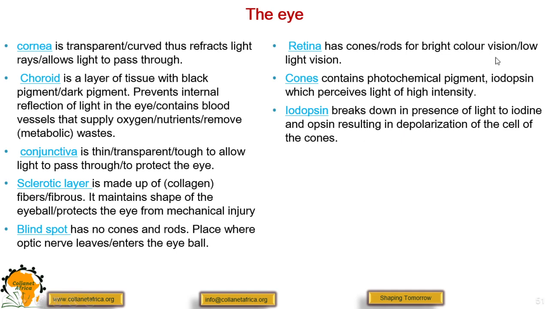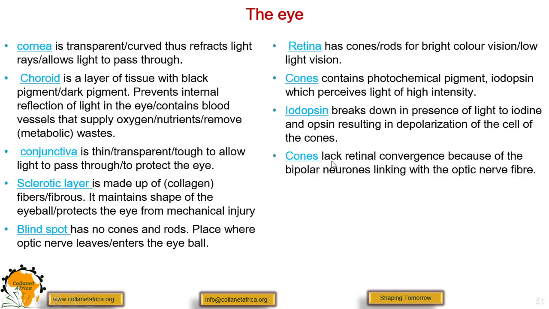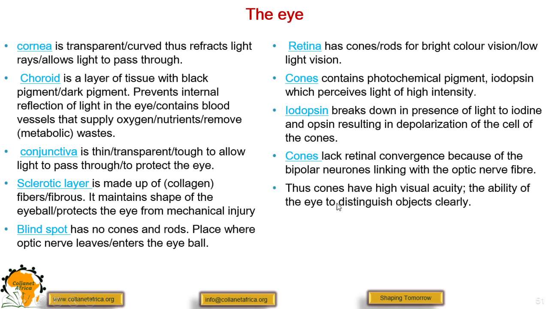Earlier, we have discussed what polarization and depolarization are. These cones lack retinal convergence because of the bipolar neuron linking with the optic nerve fiber. Thus, because of lack of retinal convergence, there is high visual acuity, that is the ability of the eye to distinguish objects clearly.